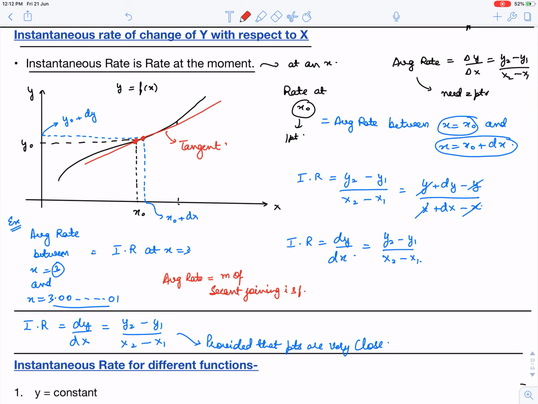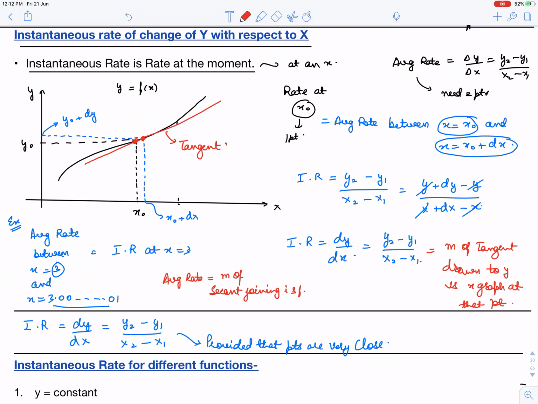If the secant turns to a tangent, this instantaneous rate can also be written as the slope of the tangent drawn to the y versus x graph at that point.